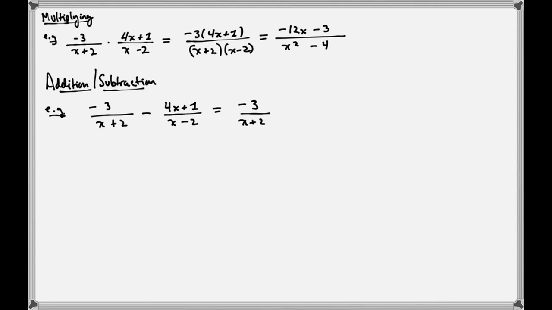So the first one I'm going to multiply by x minus 2 over x minus 2. I'm just multiplying by 1, so it doesn't change the expression at all. And the other term, I'm going to multiply the top and bottom by its missing factor, which is x plus 2 over x plus 2. Again, I'm just multiplying by 1, so I'm not changing the expression, and these two things really are equal to each other.